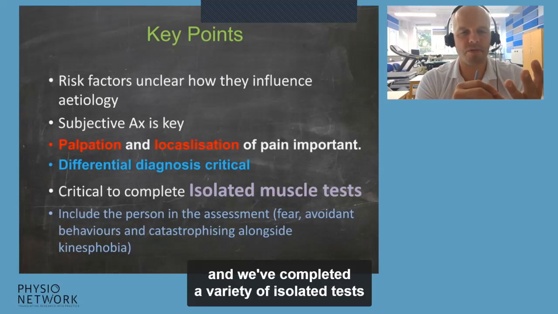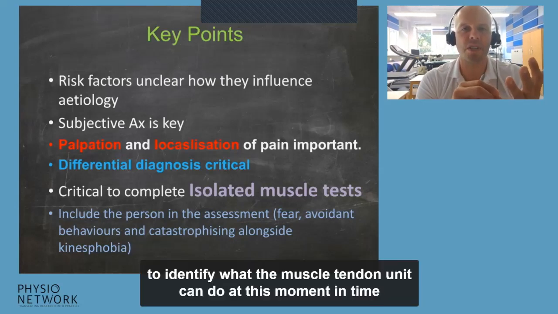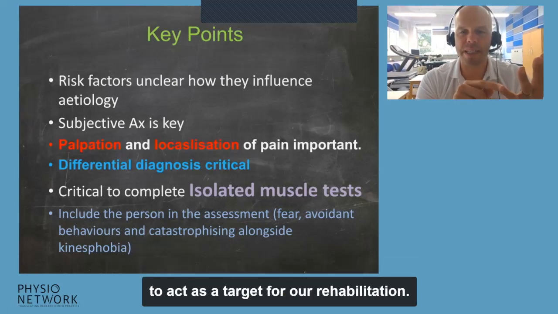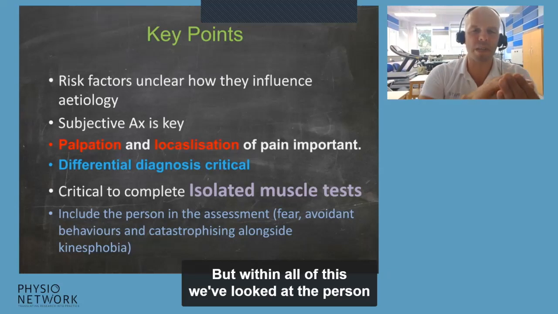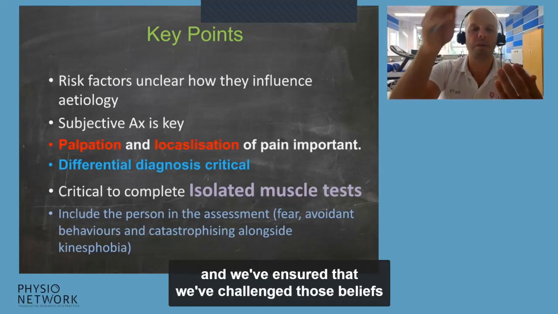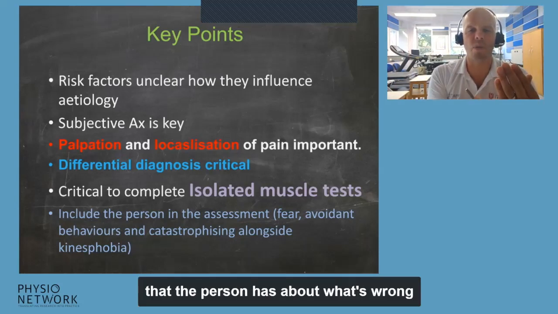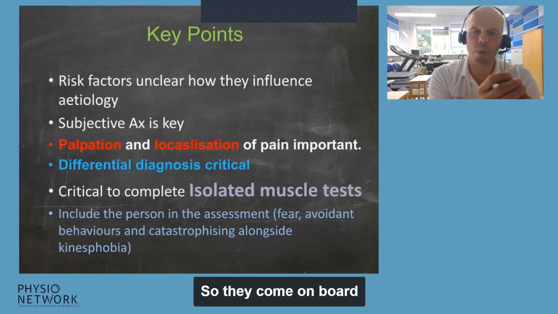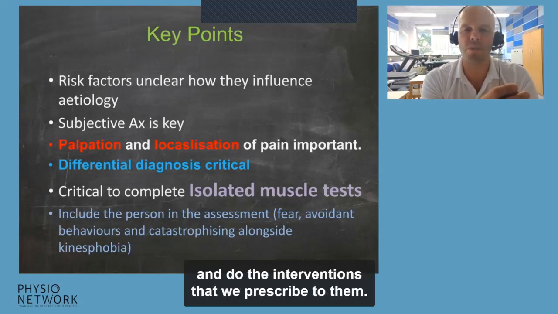And we've completed a variety of isolated tests to identify what the muscle tendon unit can do at this moment in time to act as a target for our rehabilitation. But within all of this, we've looked at the person, and we've ensured that we've challenged those beliefs that the person has about what's wrong and their understanding of the disorder, so they come on board and do the interventions that we prescribe to them.